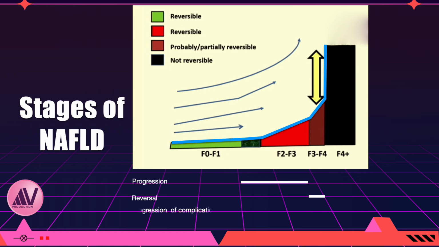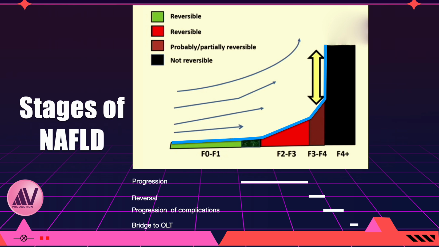Stages F1 to F3 are considered reversible as further treatment can prevent progression. However, once stage 4 is reached, the disease becomes irreversible and manifests clinically as cirrhosis. Therefore, prompt diagnosis is paramount to prevent further progression and administer timely treatment, which is now available.